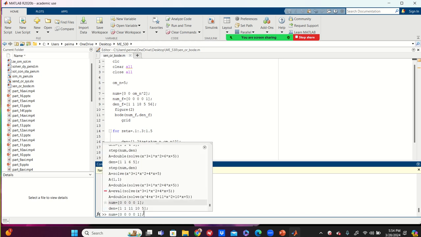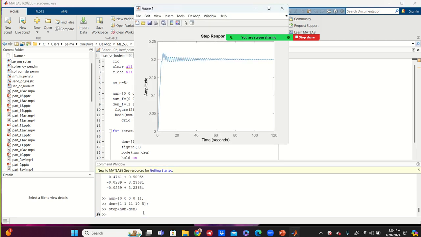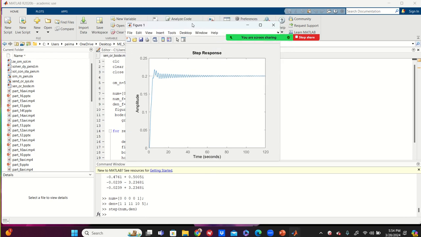I'm pretty sure that it's going to give us a stable system. Obviously gives us, see? Underdamped kind of, and finally this. You got it? Step response. Amplitude time.